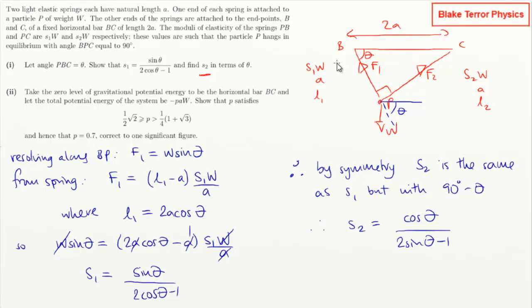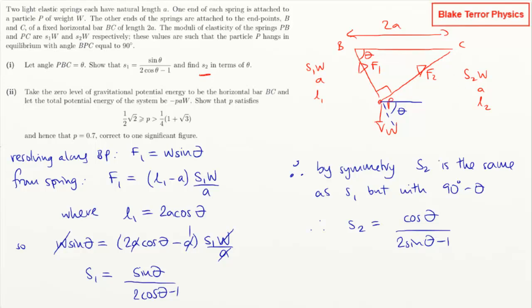I suppose the shortest length I could get for BP is A, in which case I'd have a 2A and an A. So 2A cos theta would be equal to A, and that's if I had an infinite modulus of elasticity. So that would be saying that theta would be 60 degrees there.